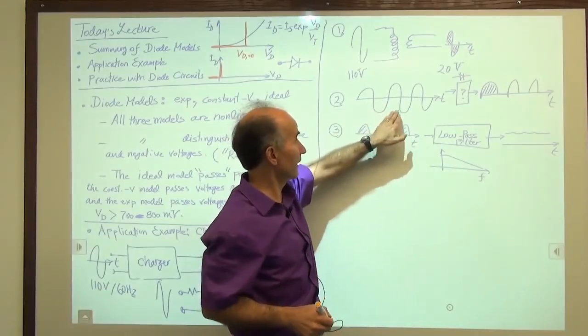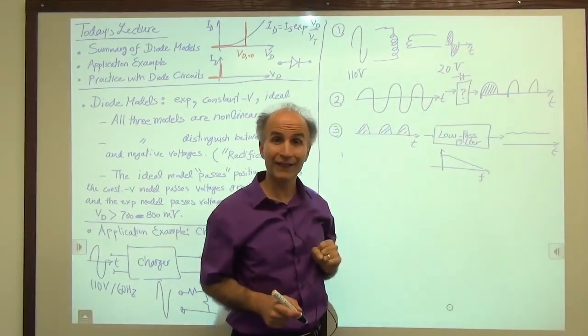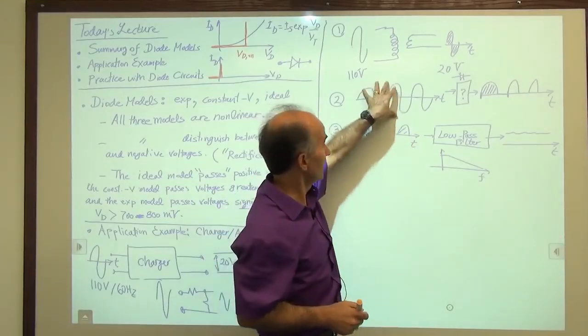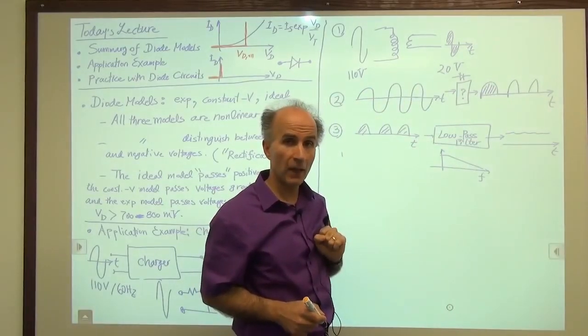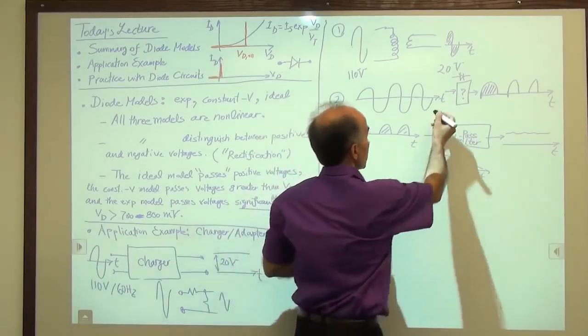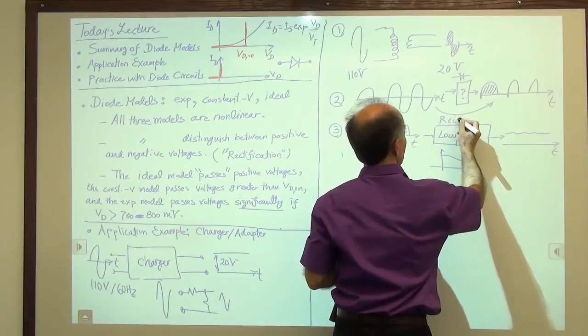When the voltage becomes negative, it doesn't go through the diode, we don't get it at the output. So we have rectification. So when we go from here to here, we say we have rectified the waveform. So this process is called rectification.